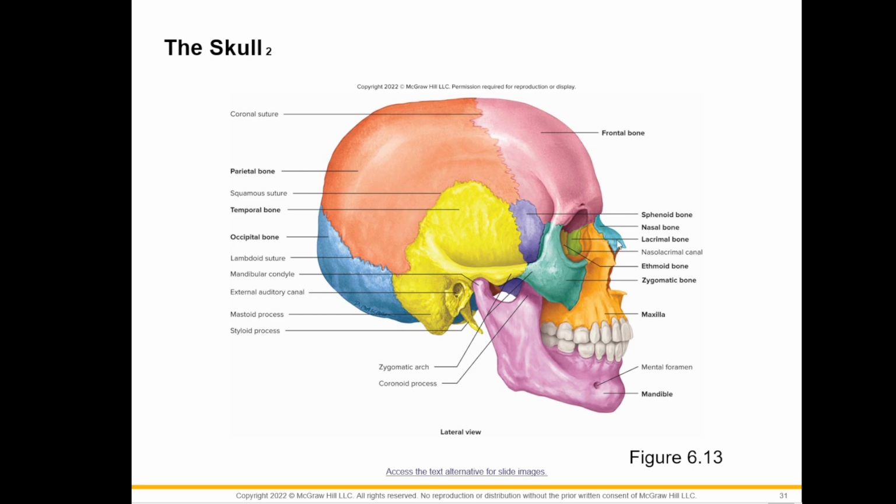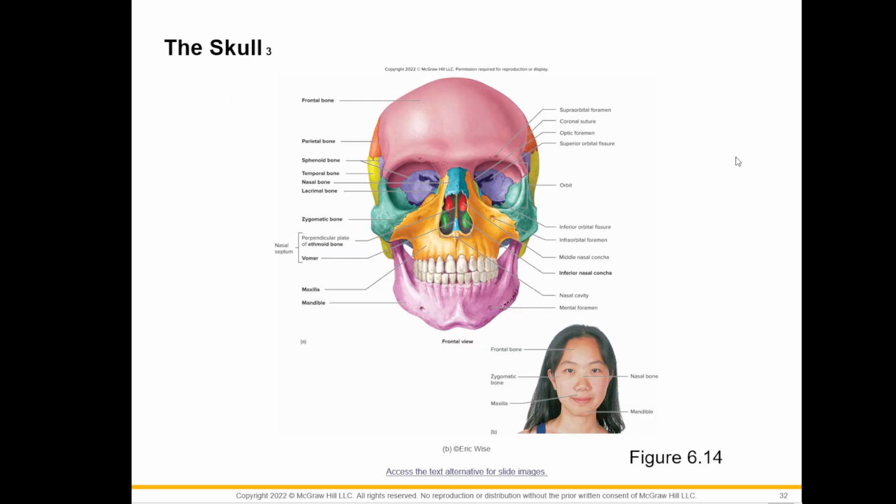And the blue here is your nasal bone. So, hopefully, we'll be able to memorize each and every part of the bone here. Also, we can see here in purple, your sphenoid bone. So, that's as far as the sphenoid bone goes.